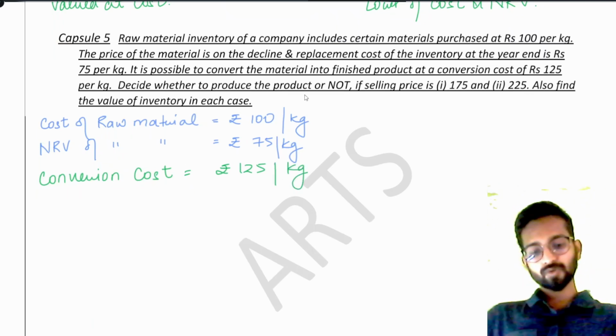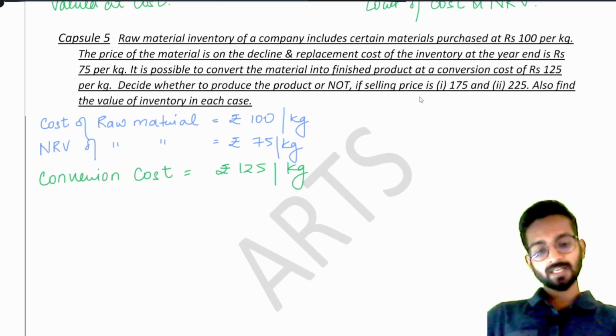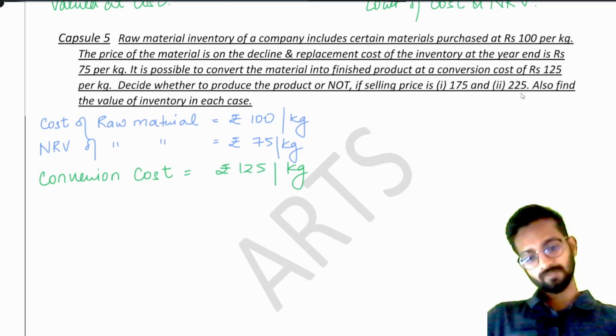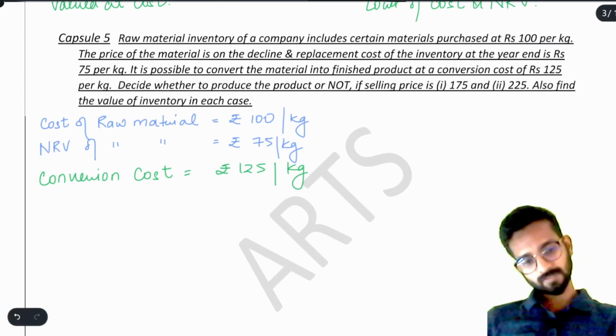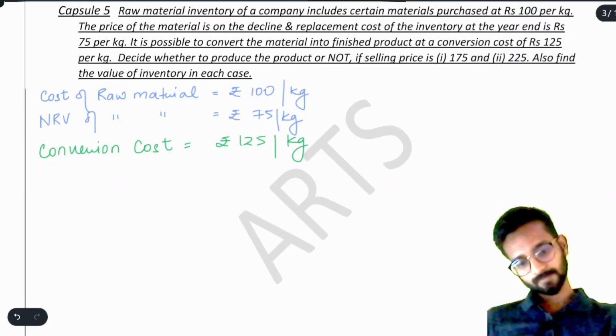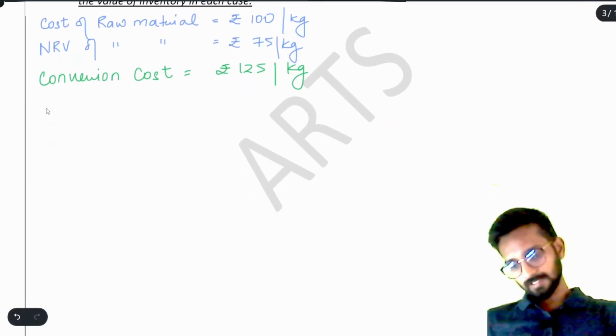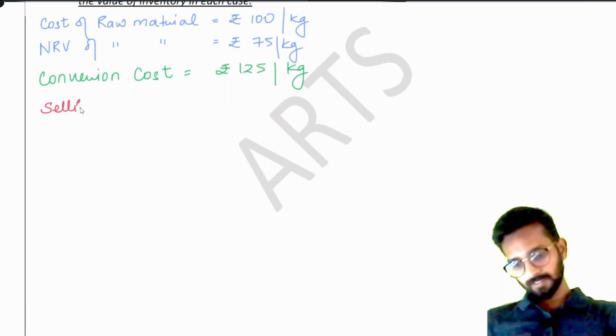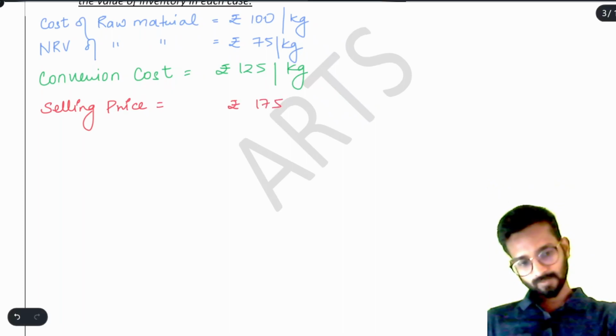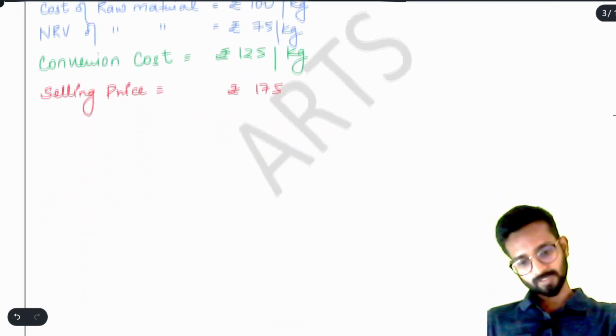Decide whether to produce the product or not if selling price is 175 and if selling price is 225. Now I can say I have 2 cases: selling price is 175, or selling price is 225.